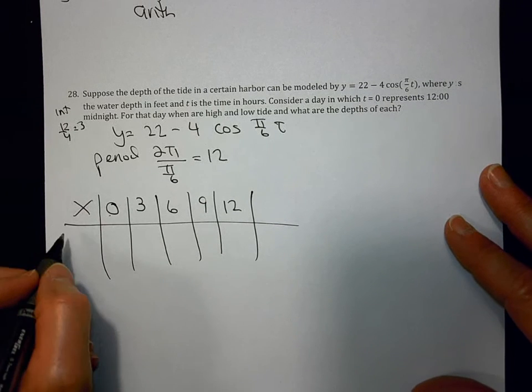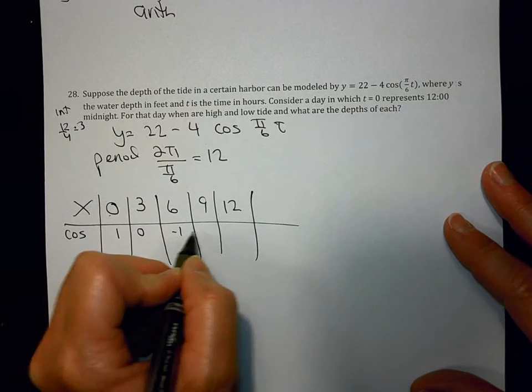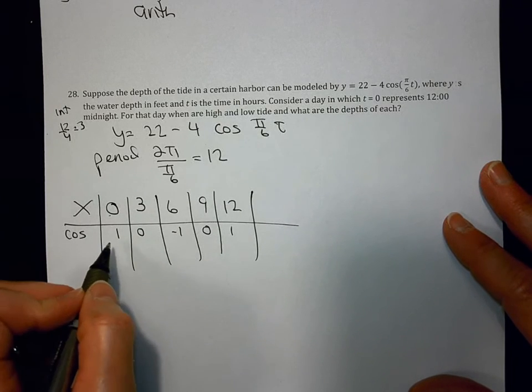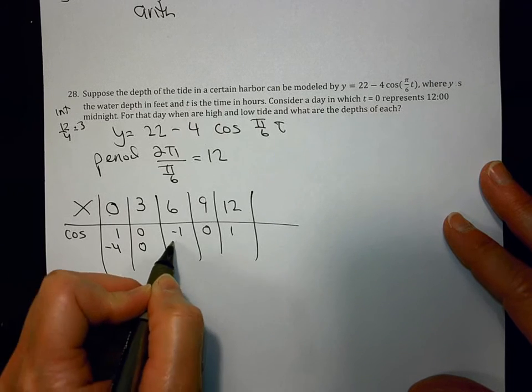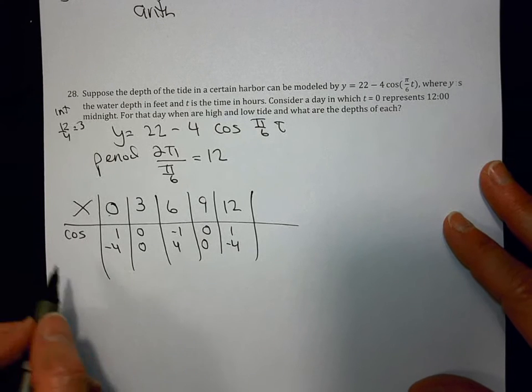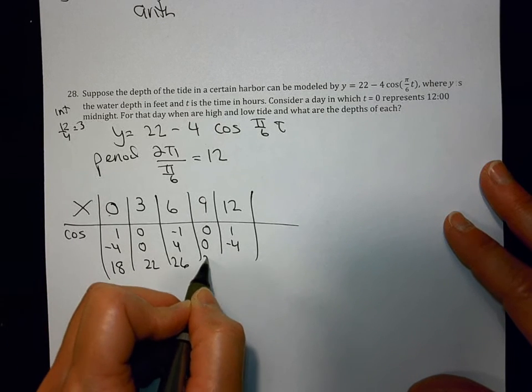And it is a cosine. So 1, 0, negative 1, 0, 1. We multiply by the negative 4, so negative 4, 0, 4, 0, negative 4. But then we have to add the 22. So 18, 22, 26, 22, and 18.